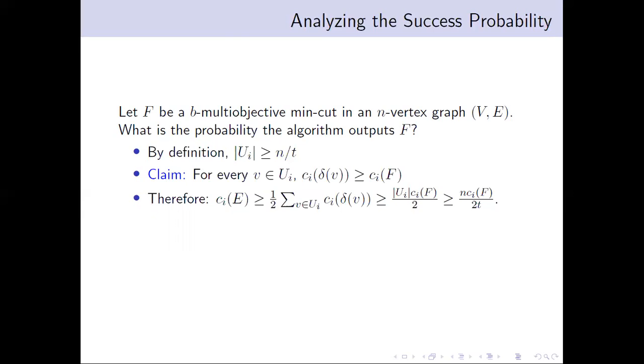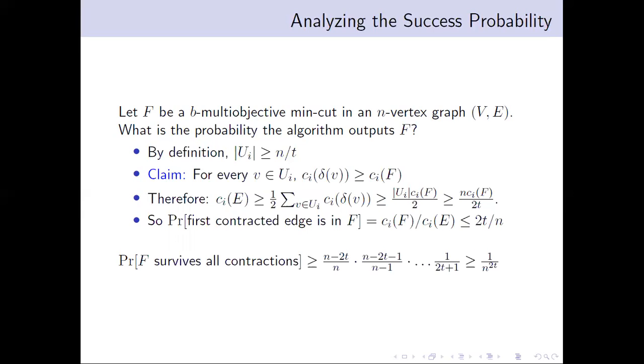And by the claim, this is at least the size of UI over 2 times the CI cost of f. And by our first observation, this is at least n over 2t times the CI cost of f. This means that the probability that the first edge we choose is from f is at most 2t over n.